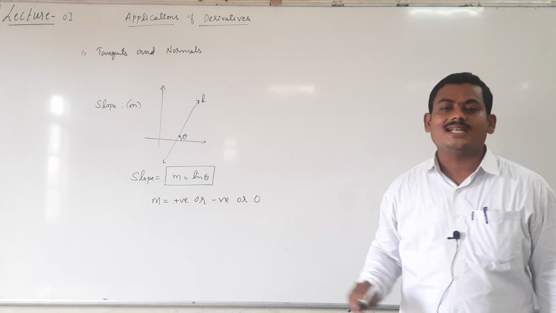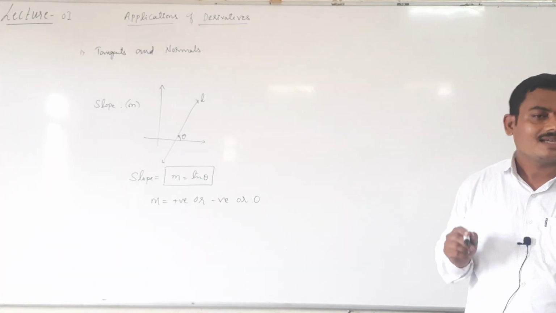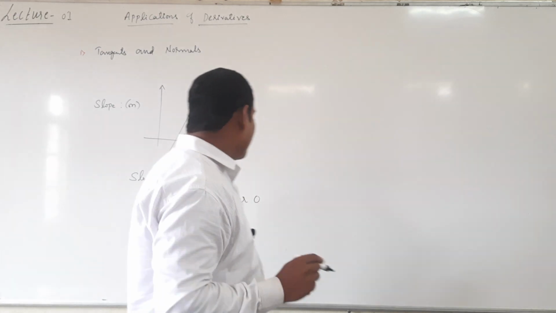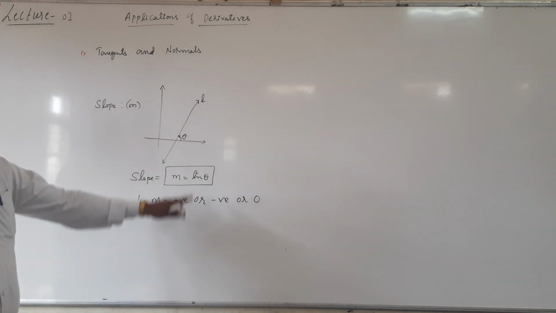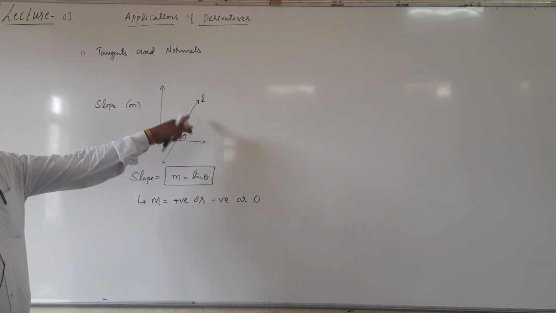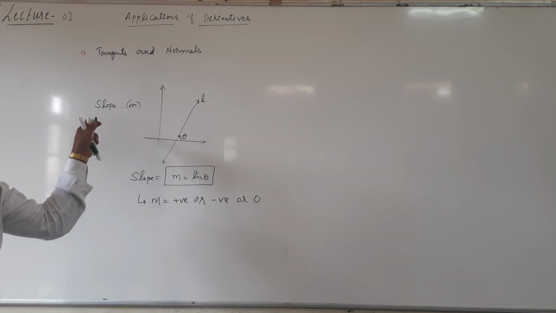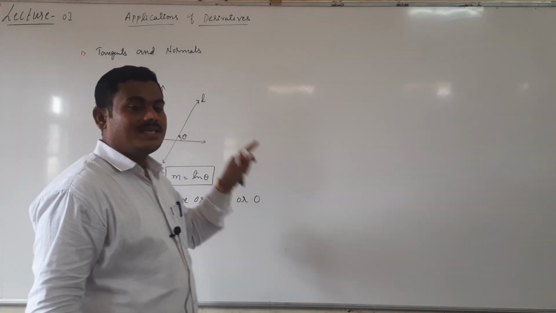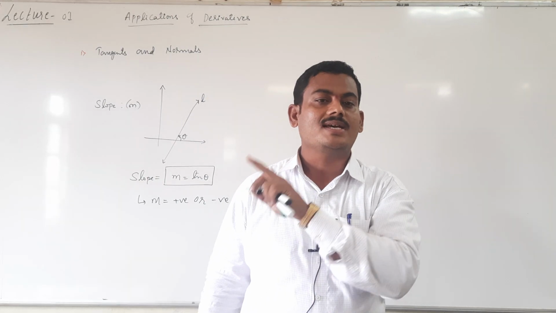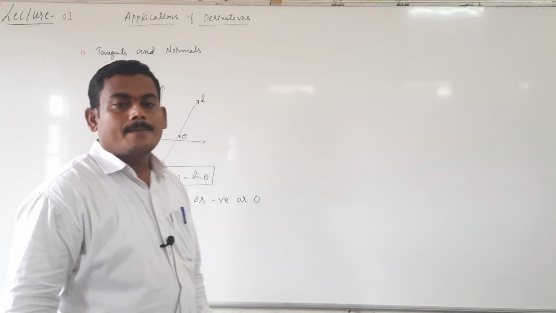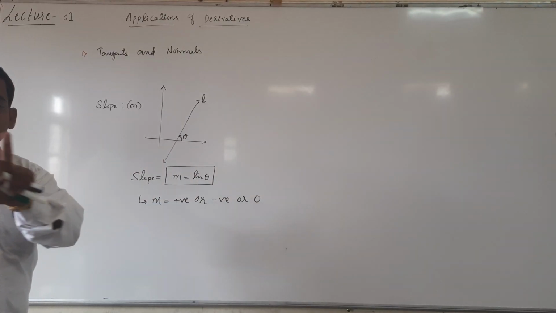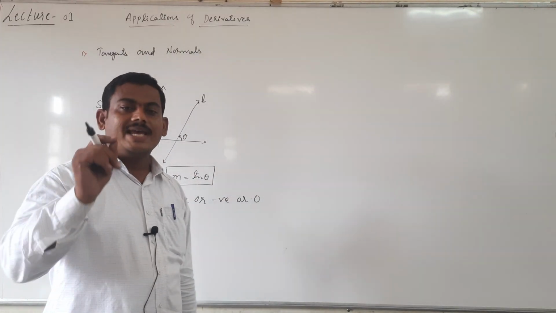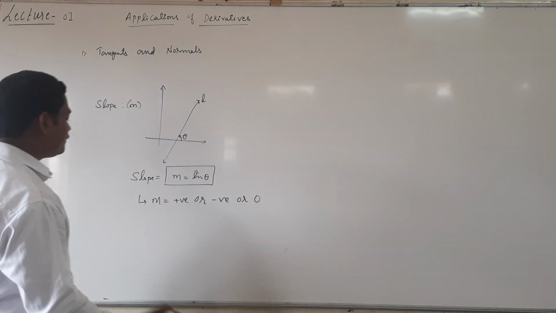That depends on theta. In this case, theta is the inclination of the line. So remember one point, slope of any line may be positive or negative or 0. The angle made by the line with the positive direction of x-axis in anti-clockwise direction is known as the inclination of the line, then tan theta is known as the slope of the line. Line in the sense straight line, right?